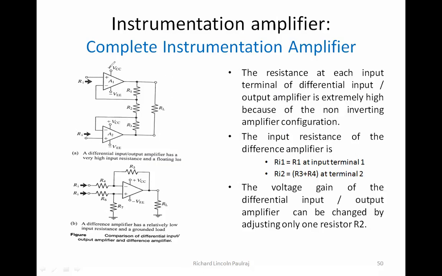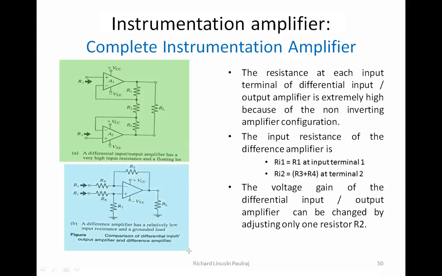Now I hope that you know the difference between differential and difference amplifier, right? So this is going to be our differential, and this is going to be our difference amplifier.